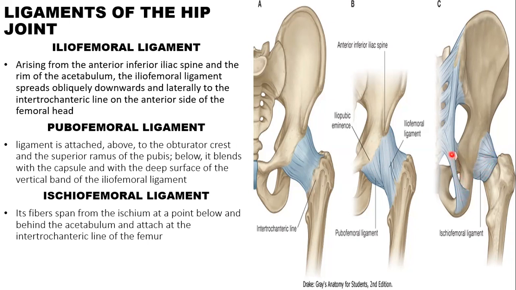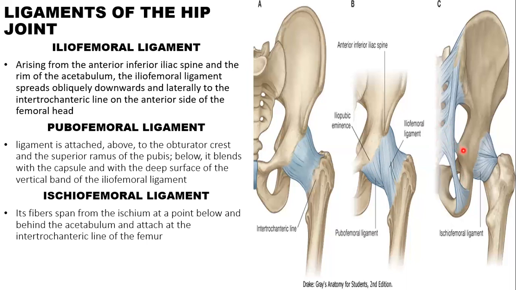For example, you have that ligament there, the sacrotuberous ligament, from the dorsal aspect of the sacrum going to the ischial tuberosity. Then the other one which you need to take note of is that ligament there, also originating from the sacrum to the spine of the ischium. That ligament is known as the sacrospinous ligament.